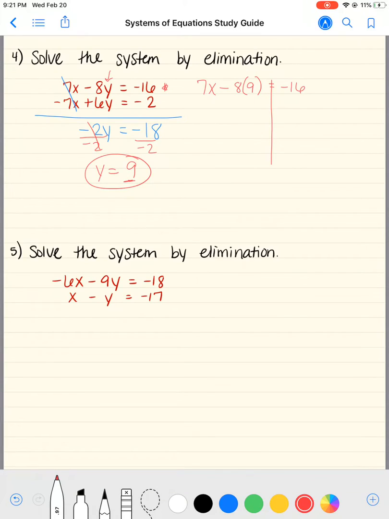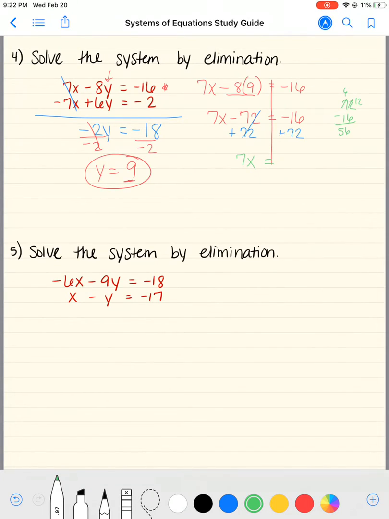Now, negative 8 times 9 is negative 72, so this would be 7x minus 72 equals negative 16. And then I need to add 72 to each side. So 7x equals, and then really, this is just 72 minus 16.